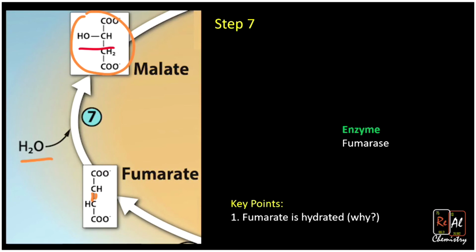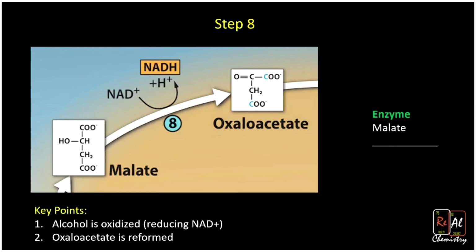So what do you think is going to happen in the next step? That's right, it's going to be oxidized. So step 8 is the oxidation of malate. And when it's oxidized, then we once again reduce NAD+ to NADH. So we make another NADH. The enzyme is malate. What do you think the second part of that name is? It's dehydrogenase, right?